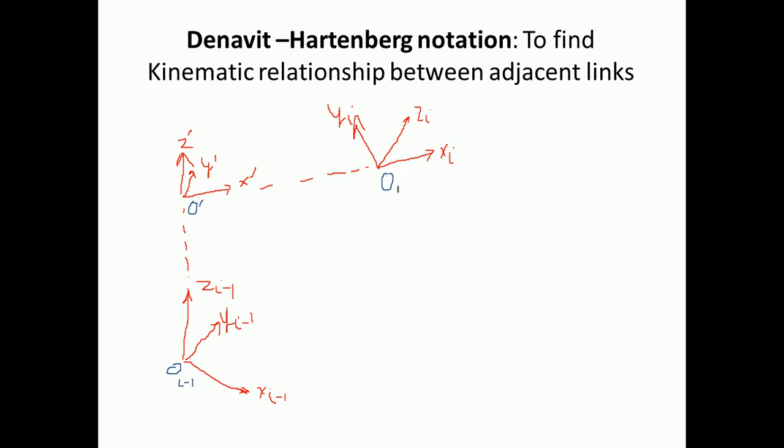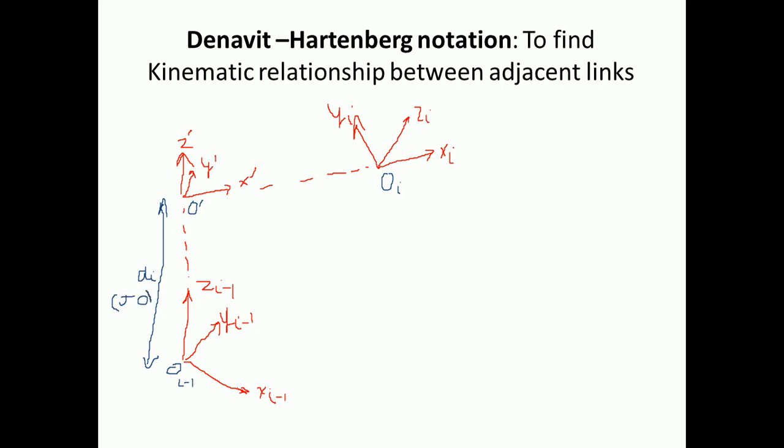Okay. So the first step which we have to do is to translate in z direction, and this distance is going to be represented by di, and this is called the joint offset. Okay, I am writing the short form, that is joint offset.